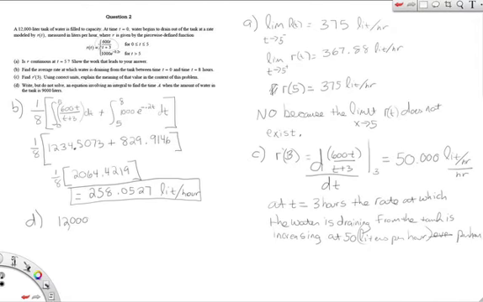I plug in a positive 5, I get a positive rate, but that's the rate that it's leaving. So I'm going to say 12,000 minus the integral from 0 to the time A of r of t dt. So what does this say? Add up all the rates of change. That'll tell you how much has changed. We're going to take that number and subtract it from the initial amount, and I want that to equal 9,000. And that should give me my answer.